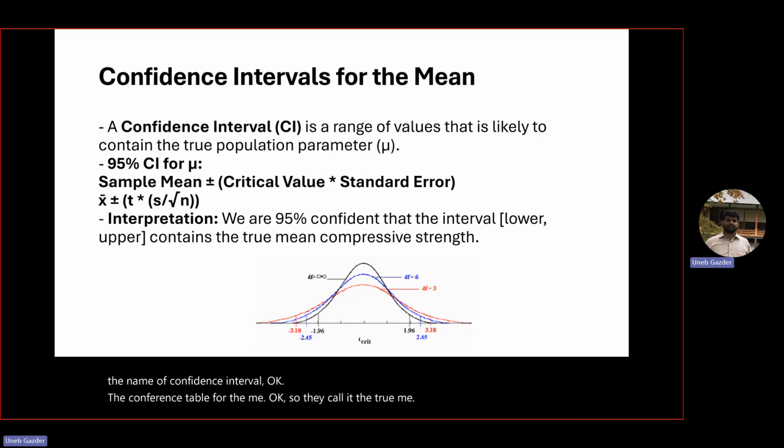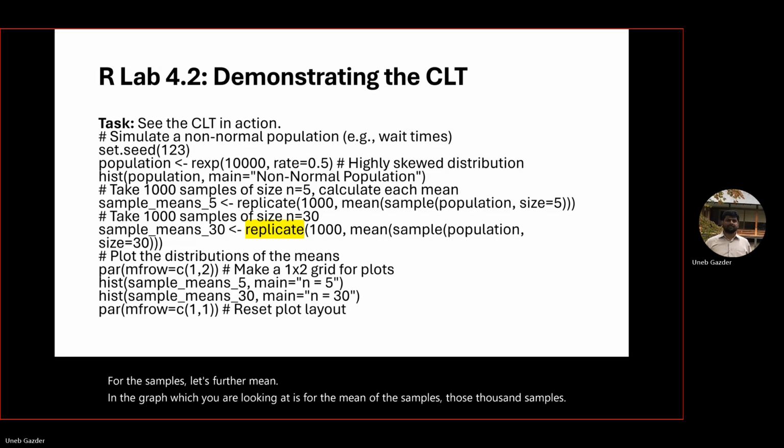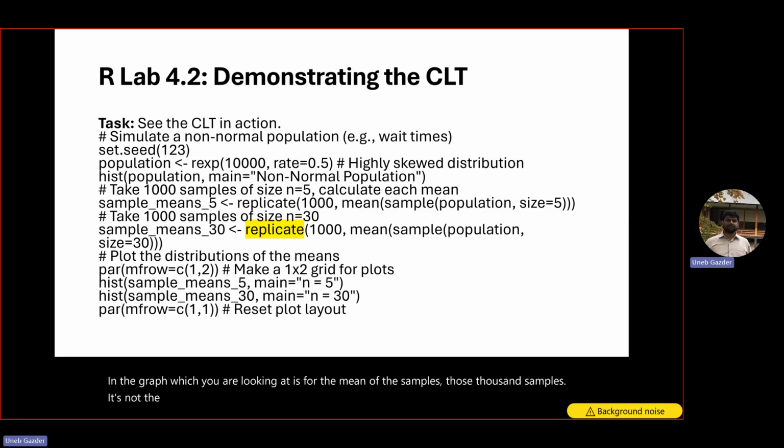By the way, the distribution you are getting for the samples is for the mean. The graph you are looking at is for the means of those 1,000 samples, not the distribution of the samples themselves.